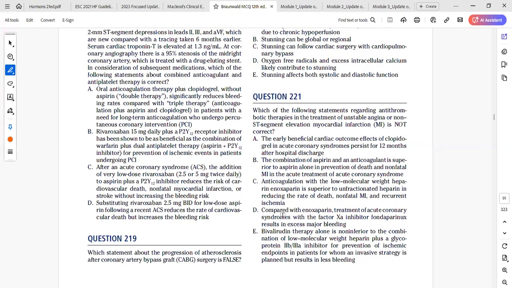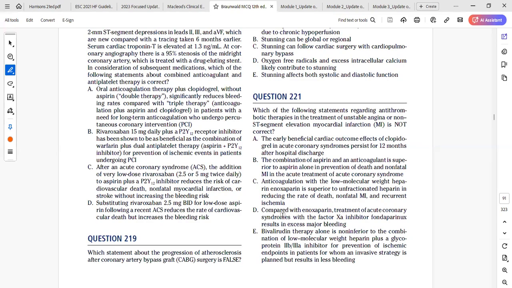So for this patient, she has already had a PCI, and the question is about the long-term management, whether to use a direct oral anticoagulant and single antiplatelet, or a direct oral anticoagulant and dual antiplatelet.